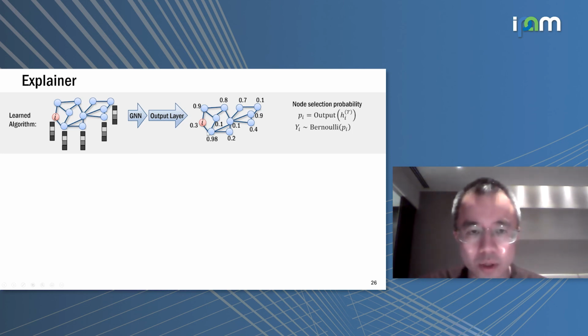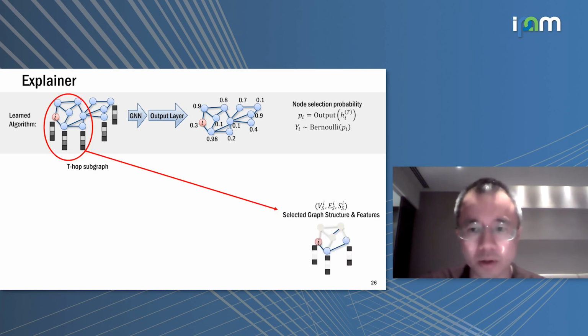So what we are doing is we are actually going to build the explainable model, which try to explain, for instance, if these nodes are selected, what is the substructure around this node, and what are the corresponding features which allows the graph neural net to make the decision this node should be selected or not selected.